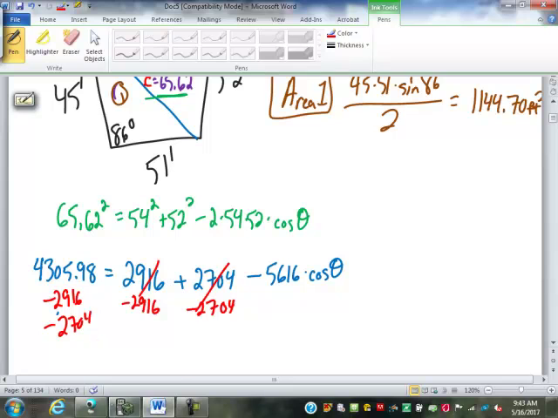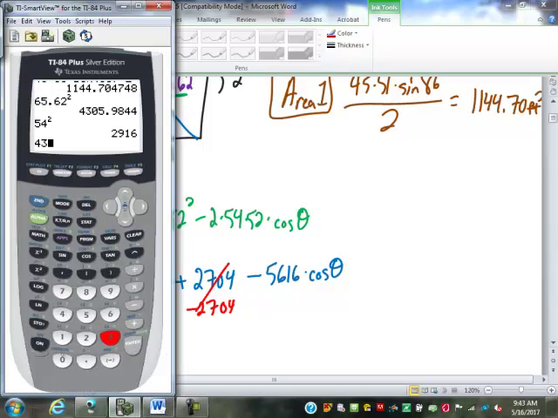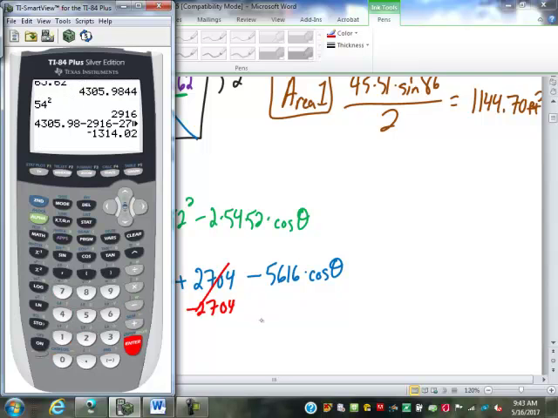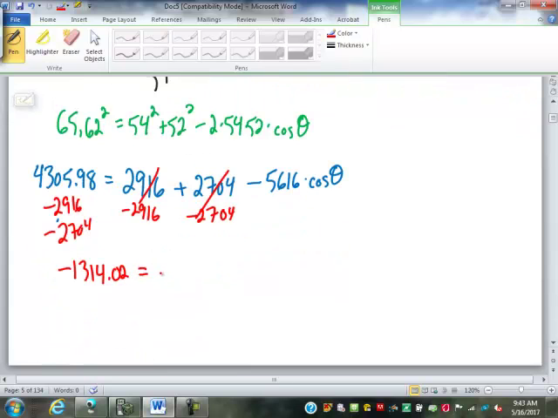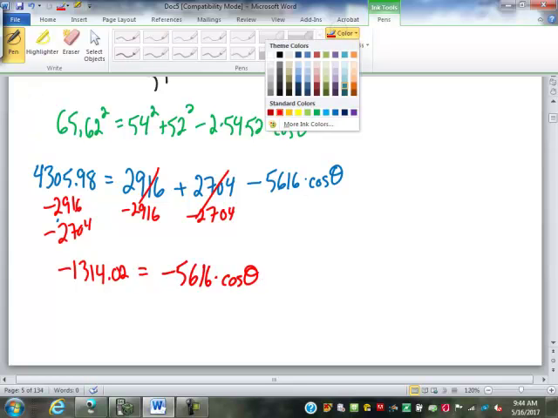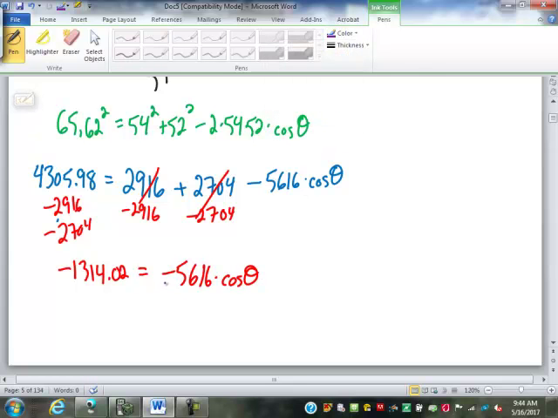So 4305.98 minus 2916 minus 2704 should be a negative 1314.02. That equals over here a negative 5616 times cosine of theta. What's our next move? Divide by the negative 5616.